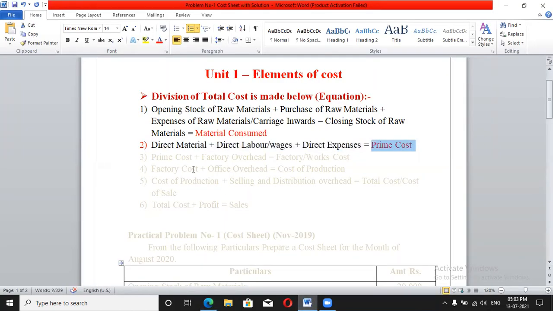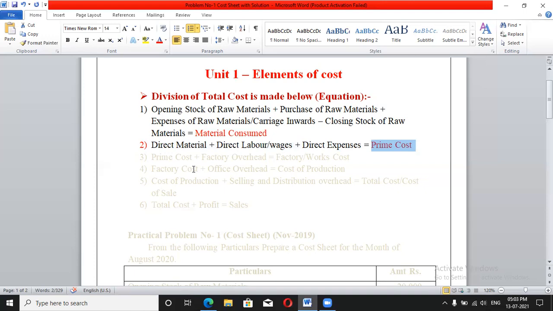This is also very important for your MCQ type exam. Such examples are asked in your MCQ type exam, so you have to know the correct formula or equation for your preparation.